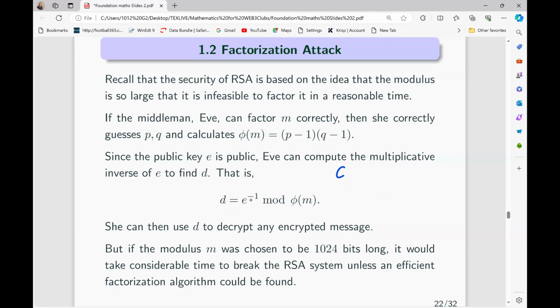You've been brought the ciphertext, and you know that the decrypting key is supposed to be the inverse of E mod phi of M. So what this means is, I know what phi of M is. These are elements which are relatively prime to M.